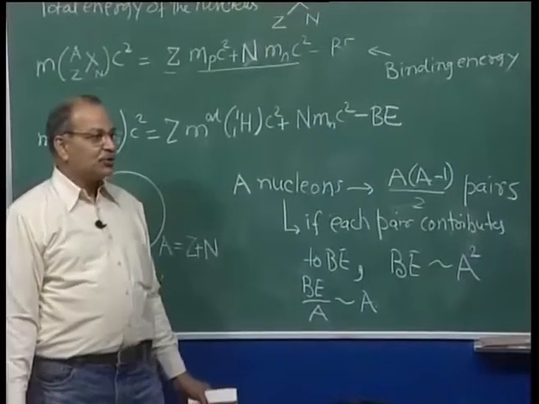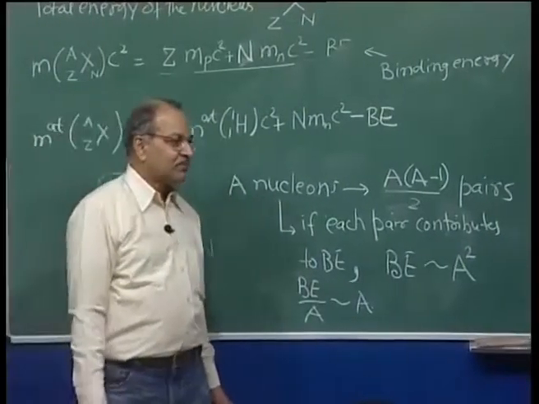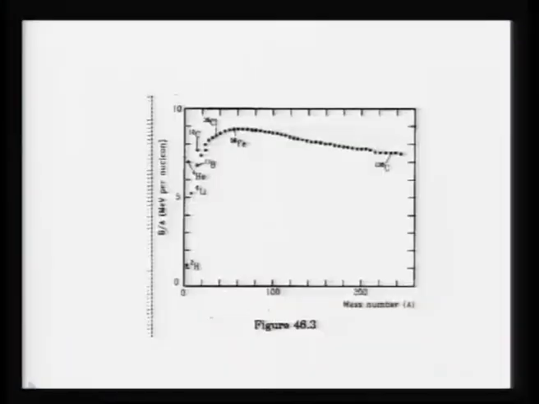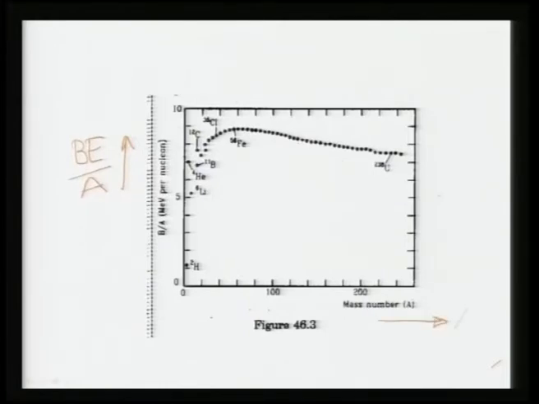I will show you the diagram on this slide. Look at the figure. On the y axis is plotted binding energy per nucleon, binding energy divided by A, and on the x axis is mass number A. Any textbook you will find this figure.